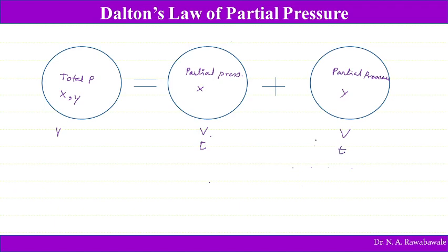So the condition is that the pressure exerted by constituent X and the pressure exerted by constituent Y, occupying the volume V at temperature T, sum to the total pressure, which is the pressure of the mixture of two constituents, and the mixture also occupies volume V at temperature T. So this is Dalton's law of partial pressure, which states that the total pressure exerted by a mixture of gases is equal to the sum of the partial pressures exerted by the constituent gases occupying the volume of the mixture at the same temperature. This is applicable to moist air.